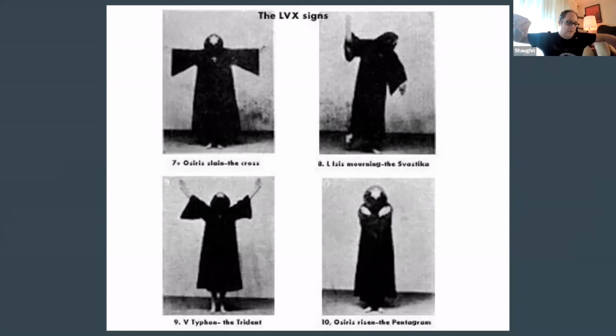The right arm is, or excuse me, the left arm is pointing down at a right angle, and then your right leg is bent and kind of behind you. So it forms the swastika or the lightning bolt. And then the sign of Typhon, which is just the head thrown back and the arms open in a V. And then finally the sign of Osiris risen, which is just the arms crossed over the chest.